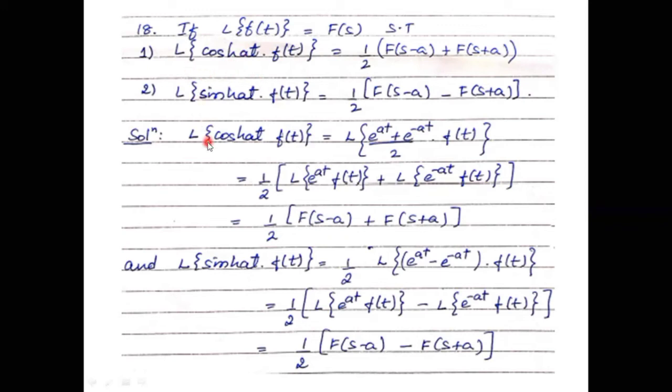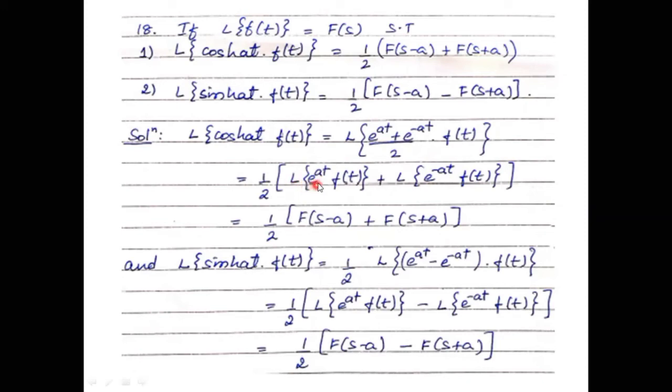The Laplace transform of cos hyperbolic at f of t. I can write this in exponential form like this: e power at plus e power minus at divided by 2 into f of t. So Laplace transform of this, and I have split this using the property of linearity, and taken this half outside since it's a constant. Just now I told you we have done this type of problem.